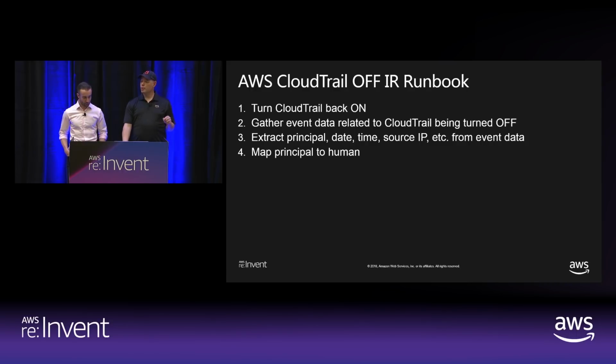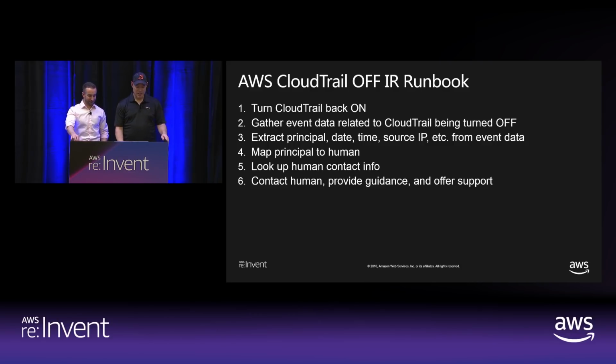We'll map that principal to a human. We'll look up the human's contact info, using whatever internal mechanism we have within our organization, whether it's an LDAP query or a Rolodex. We'll contact that human. We'll provide them with some guidance. And of course, we'll offer them some support. If there's something that they're trying to get done and they need us to explain it to them, we're here to help. And then we're going to generate event summary information for later reporting.